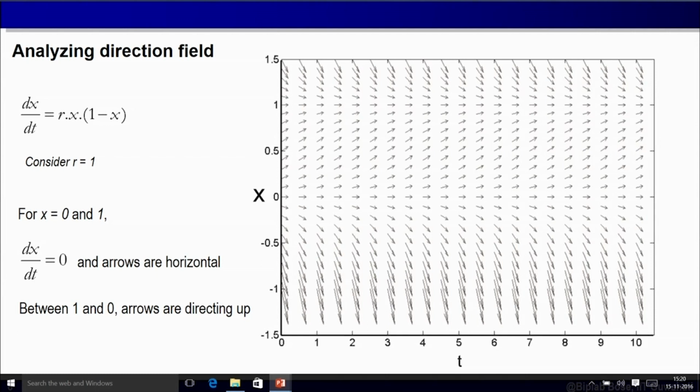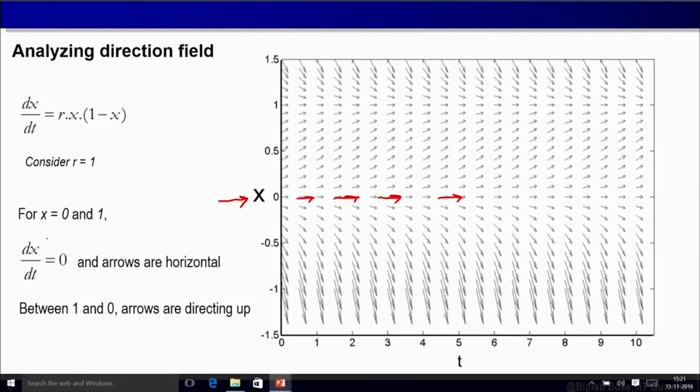Let us explore this direction field a bit more. Notice that when x equals 0, your arrows are all horizontal. Horizontal arrows are coming because the slope at those positions is equal to 0. That means dx/dt is equal to 0 at those positions.